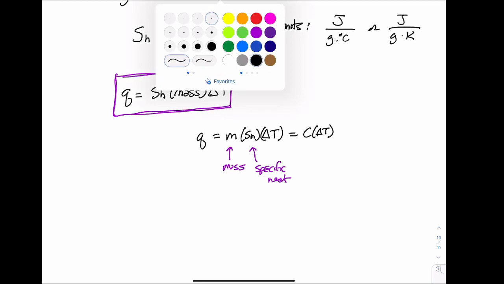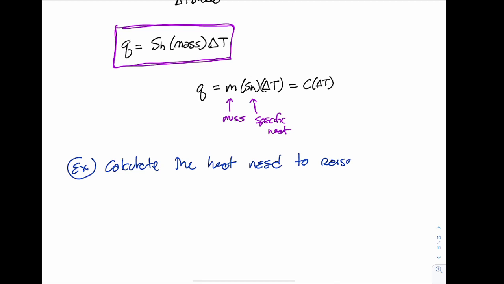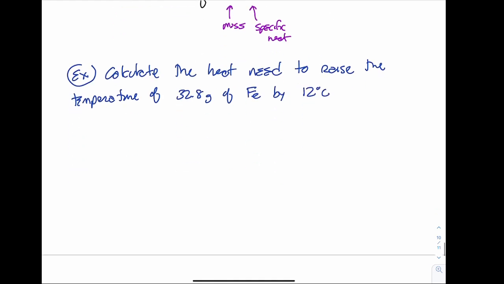I do want to go through a couple examples. So our first one, we're going to calculate the heat needed to raise the temperature of 32.8 grams of iron by 12 degrees Celsius.